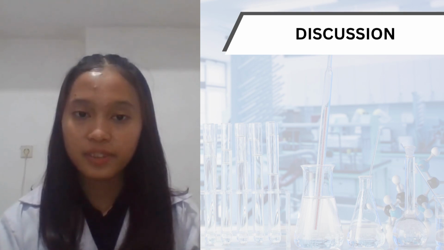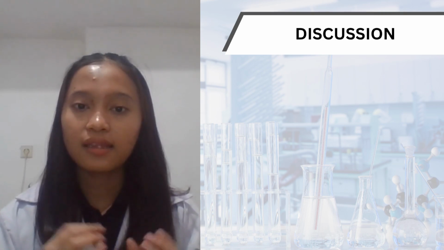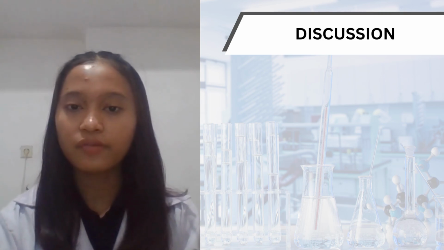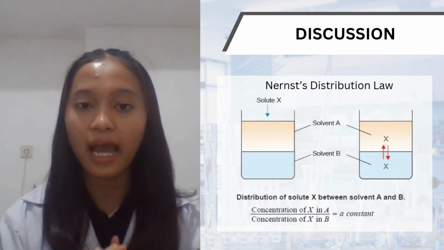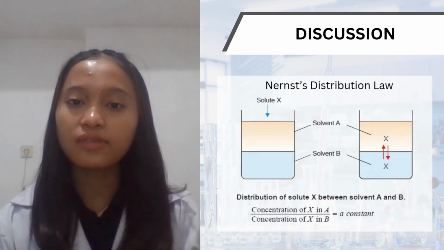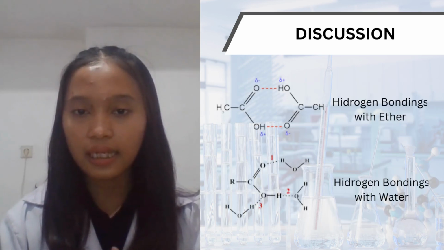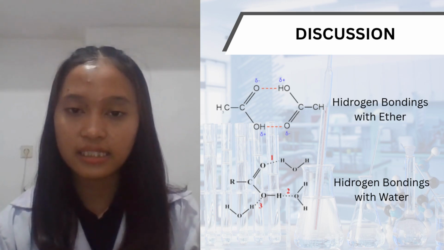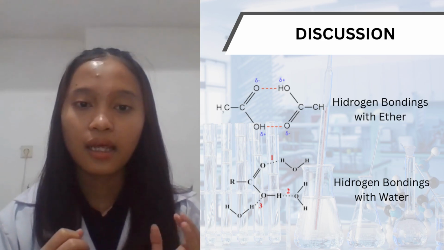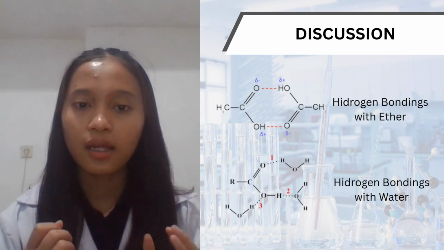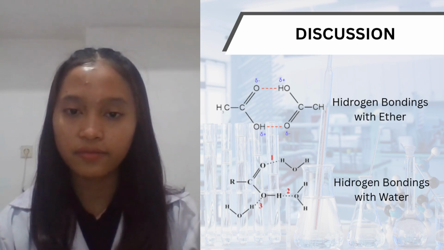This experiment demonstrates the practical application of the Nernst distribution law and highlights the importance of understanding molecular interaction such as hydrogen bonding, association, and dissociation in determining solute behavior in different solvent environments.